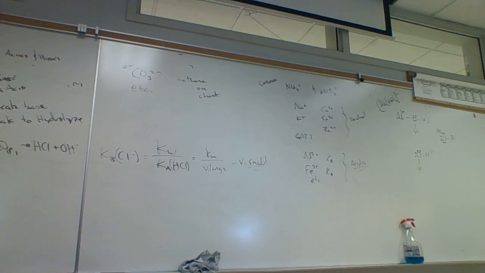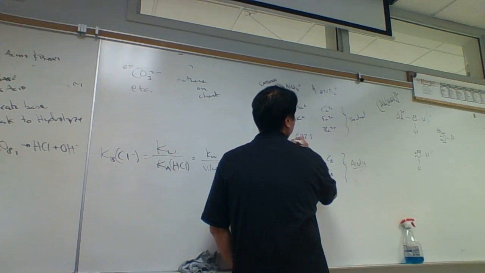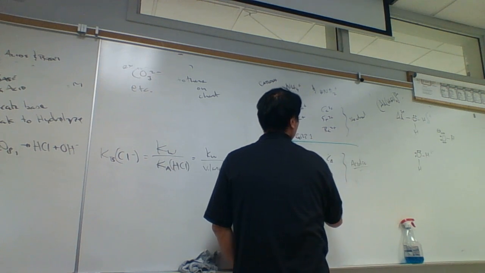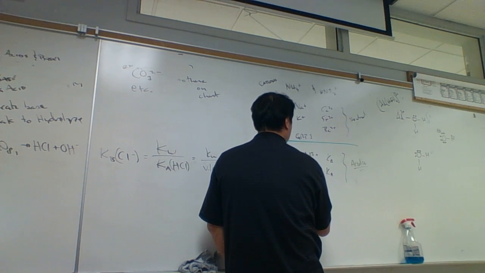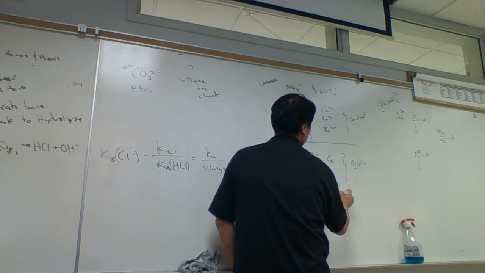All right, we'll do a calculation with that in one of the labs. But other than that, we don't do too many with the metal cations. So here, these ones are neutral. Other metal cations are acidic.